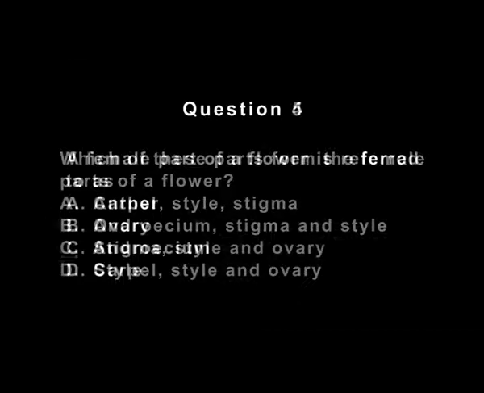But look at carpel. Carpel is a collective noun. It is the name for the whole female part. So it's not parts. So therefore, C is the answer. The stigma, the style, and the ovary make up what we call the female part of the flower.